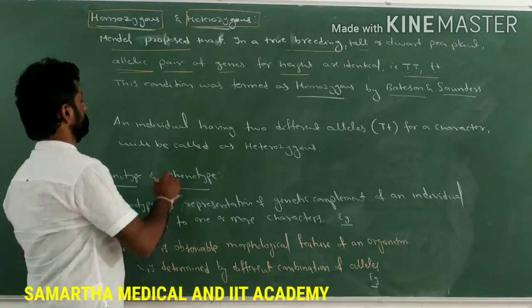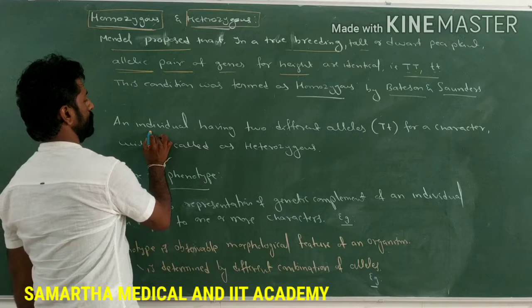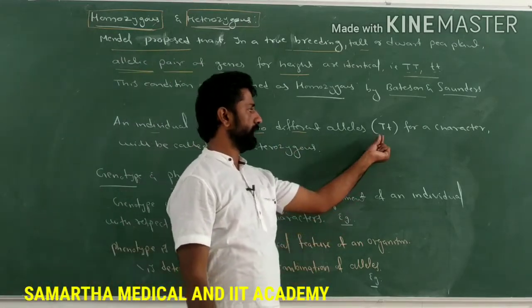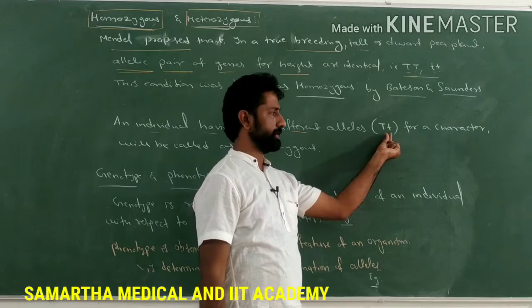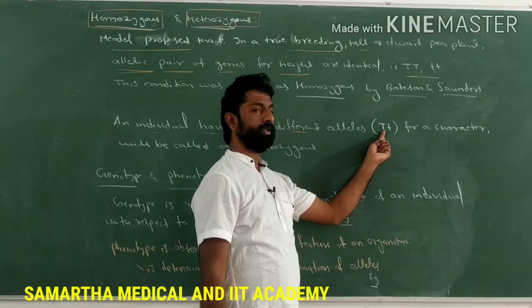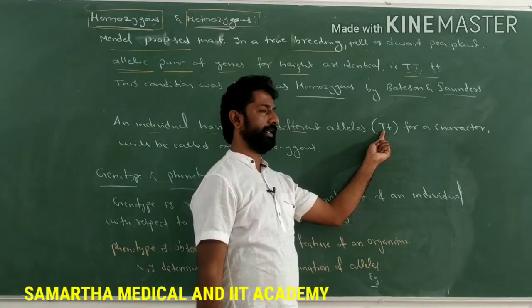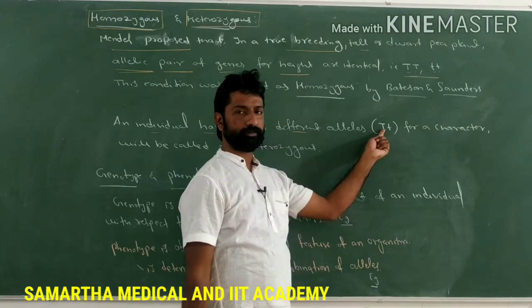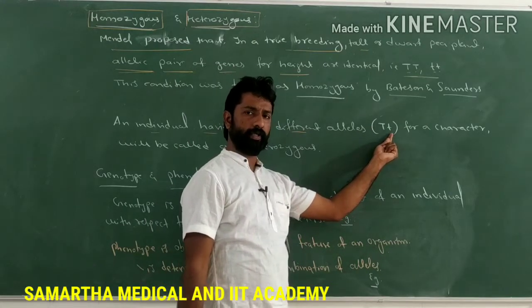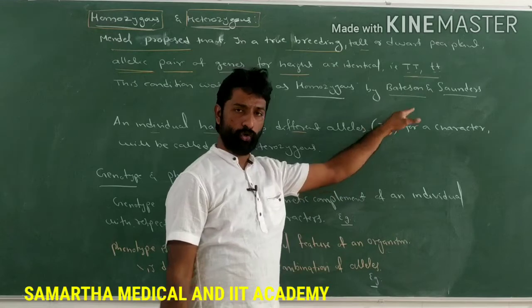Similarly, next, if an individual is having two different alleles, say for example, one is capital T and the other one is small t. But here you know that the one denoted by the capital letter codes for tallness, and the one denoted by the small letter codes for dwarfness.